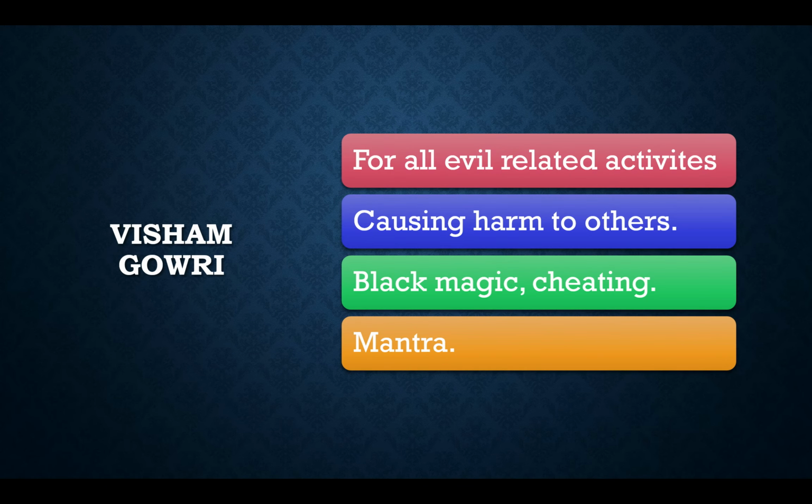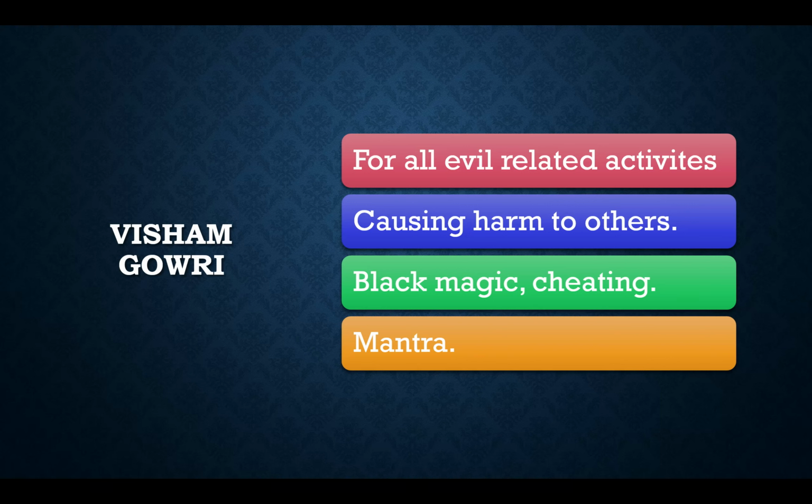Lastly is Visha Gauri. Visha Gauri is for all evil related activities, meaning all these black magicians. And in Panchapakshi, I told there are three negative activities, right? Bedanam, Maranam, all those things. People who are doing the Prayogam on the person's weak Pakshi activity will do it in this Visha Gauri only.